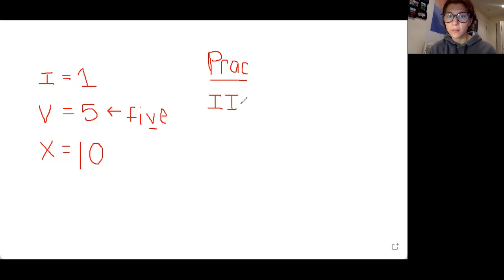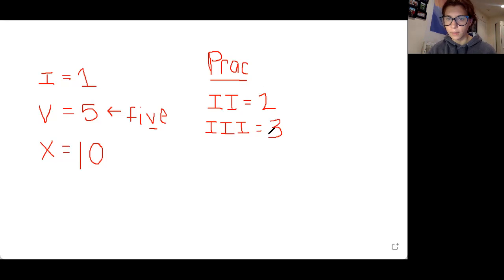So it's 1 plus 1, which equals 2. Then say I had I and another I and another I, one after another. That would be I plus I plus I, which is 1 plus 1 plus 1. So that would be 3.